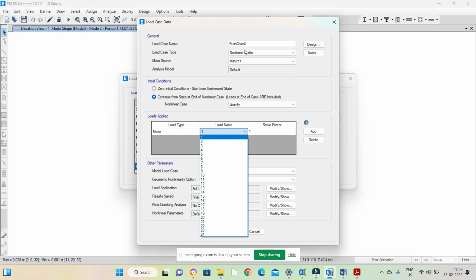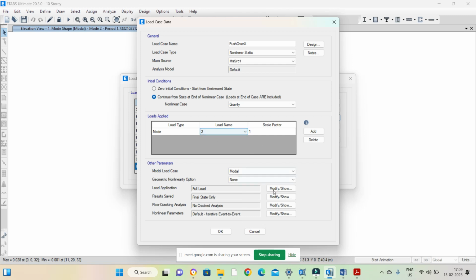Here I am defining the pushover case for x direction, so I have to pick the fundamental mode of x direction. As I have shown you, of the two modes, one is in x direction and one is in y direction. So which was in x and which was in y? The second mode was in x.